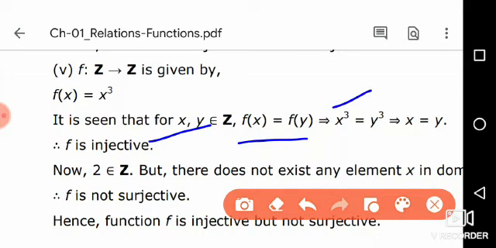But our f of x is nothing but x cube and f of y is y cube. By solving these two, we get x is equal to y. We start with f of x1 is equal to f of x2, which implies x1 cube equals x2 cube. We can prove that x1 and x2 are equal. In this case, x and y are equal. Therefore, the given function is injective, or it is 1 1.